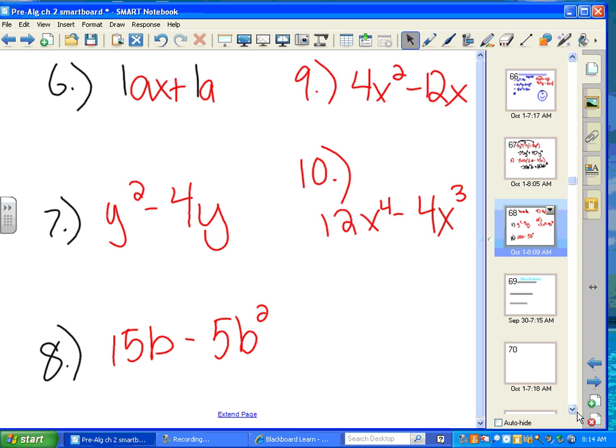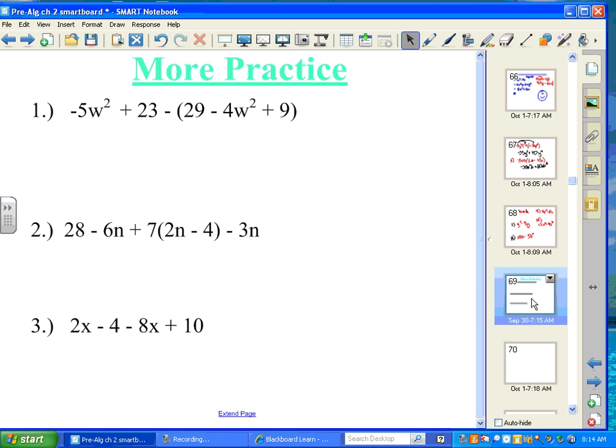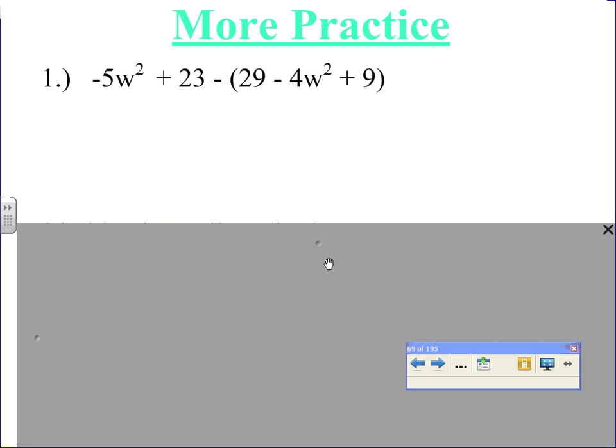Okay? All right, I want you two guys to flip that paper over. And here's the harder ones. Flip that page over, the page in your homework packet. The back of it is blank.